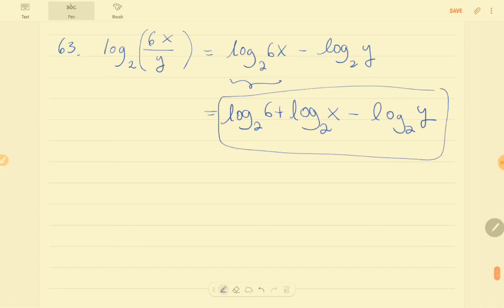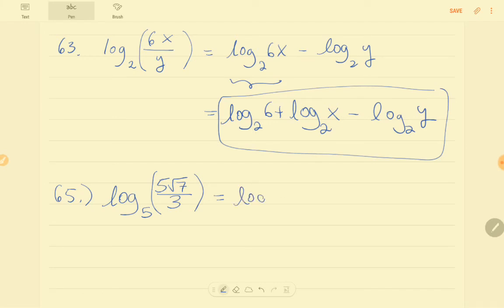Let's do another one. Let's do 65. The log base 5 of 5 times the square root of 7 over 3. Okay, so that's the log argument.